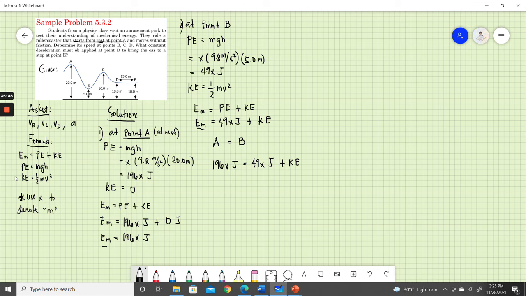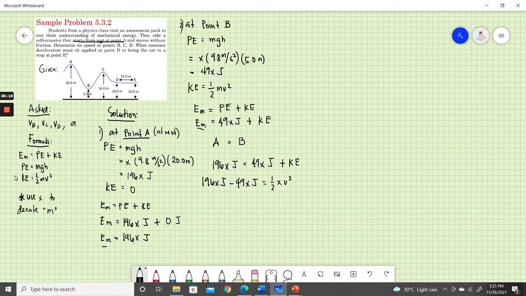Right? And then we can move things around. We're going to have 196x joules minus 49x joules is equal to 1/2 mv squared. In this case, our m is still x, because we're using m to denote x.